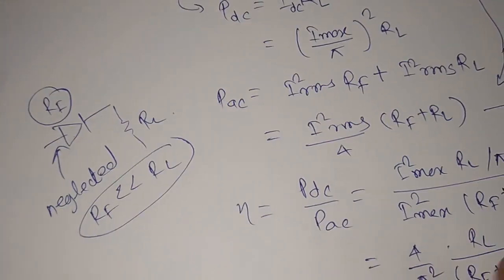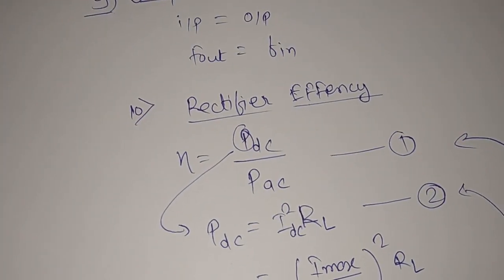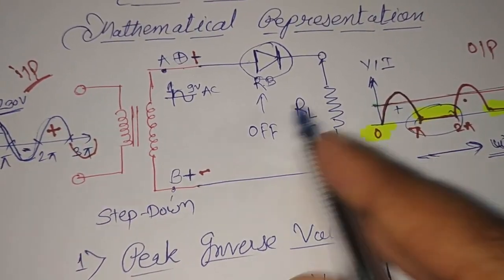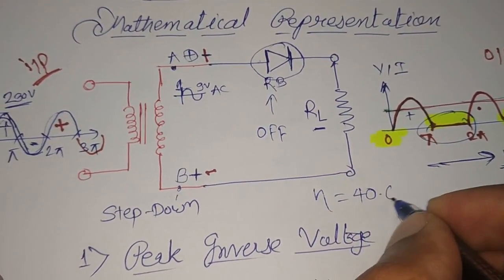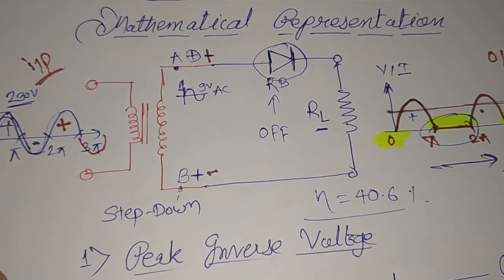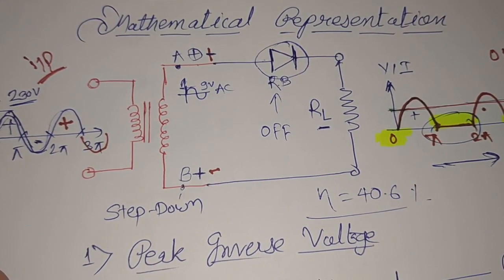So that is halfway we are getting. Halfway means 50. Along with 50 we have other losses, and after considering all those losses in the diode, the efficiency calculated of this particular system is 40.6%. Right. So this is about the efficiency.